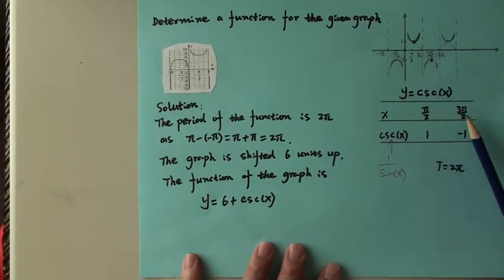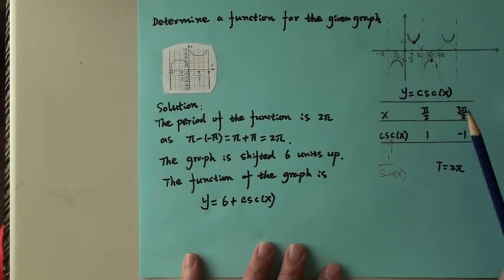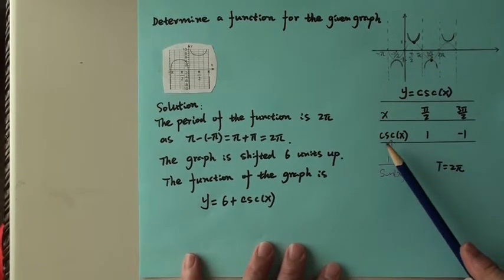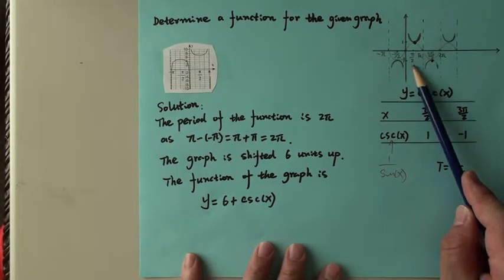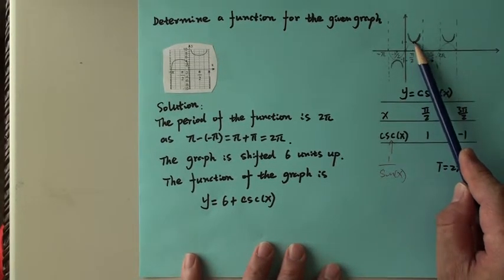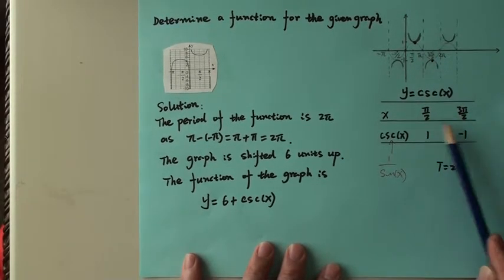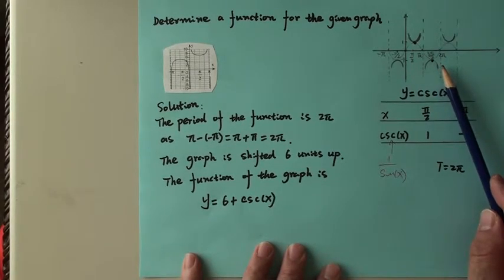The typical values are at pi over 2 and 3 pi over 2 for cosecant, rather than 0 and pi as we did previously for secant: at pi over 2 the value is 1, at 3 pi over 2 it is negative 1.